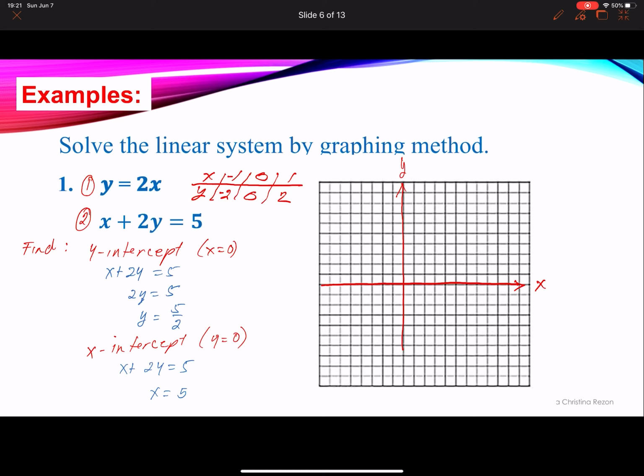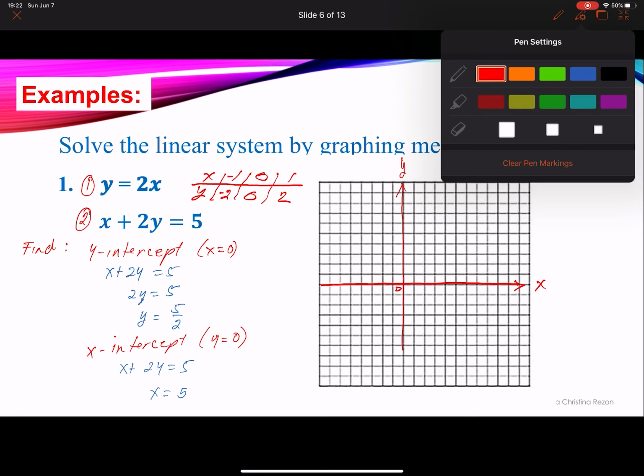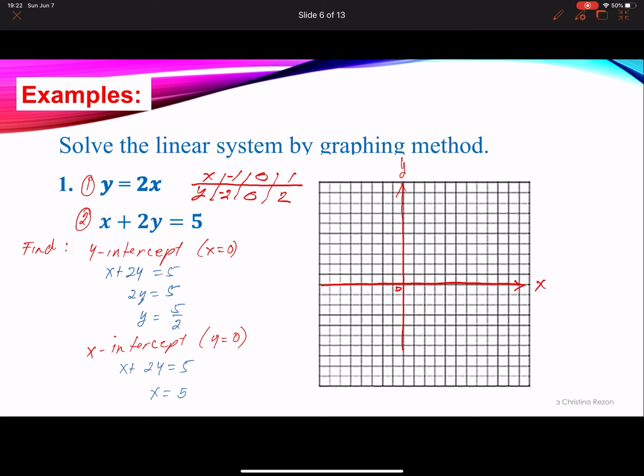So this is 0, 0 because that is the origin. And so -1 for x, and your y is -2. So -1 here, y is -2. So it must be this point.